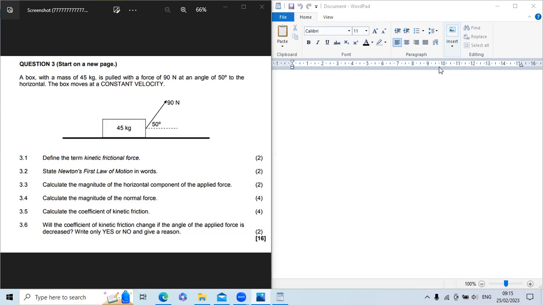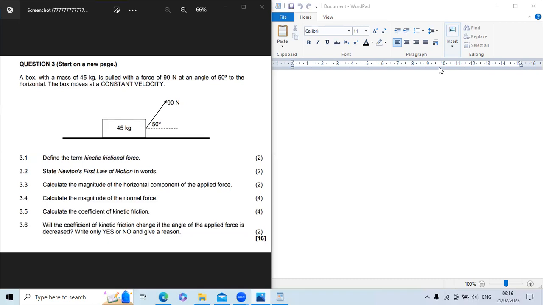Kyle's definition is correct. It just lacks a few words here and there, because you said all the key words correctly in the correct order. Here they're asking for Newton's first law, but I'm just gonna state Newton's second law for you.